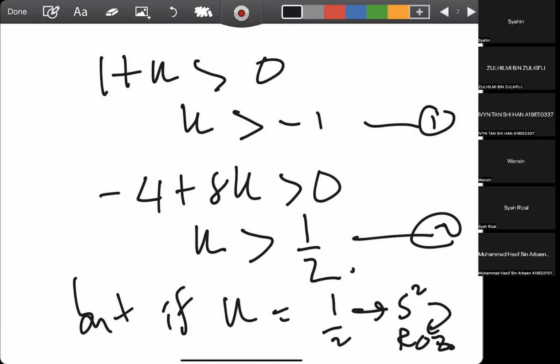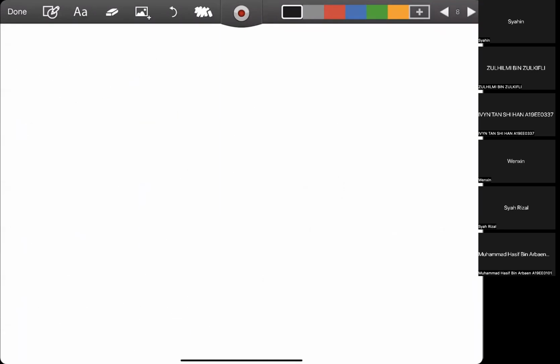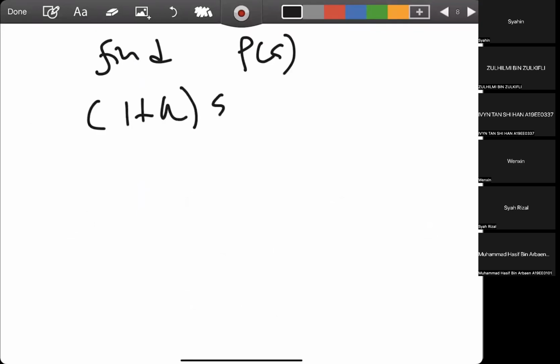So therefore we take the auxiliary equation, which is (1 plus K) s squared plus (3 plus 32K) equal to 0.